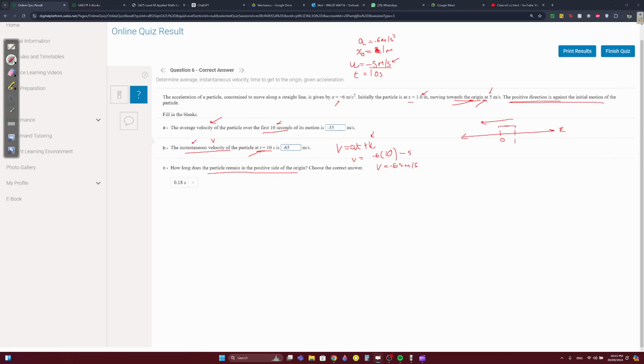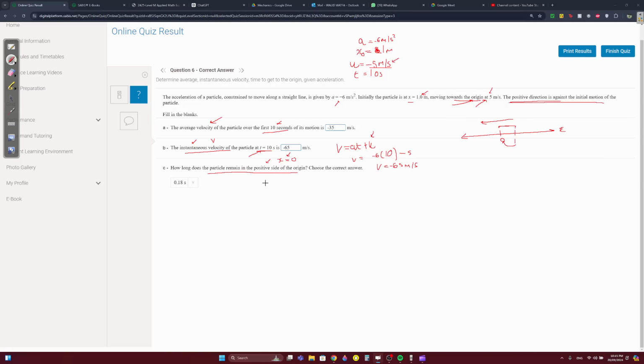We want to know how long we stayed on the positive side, that is, until x equals 0. How long did it take to get to x equals 0?